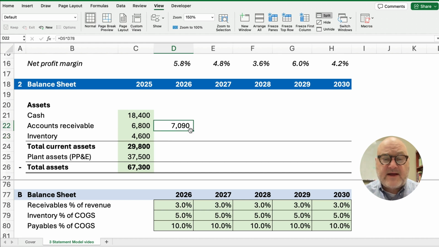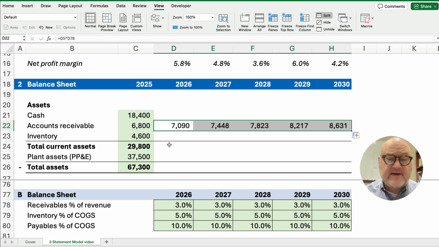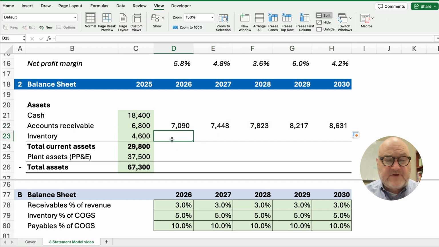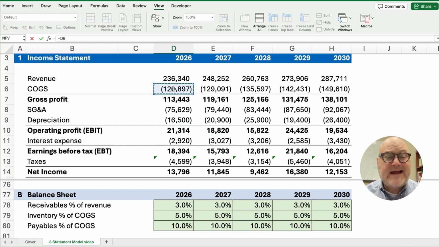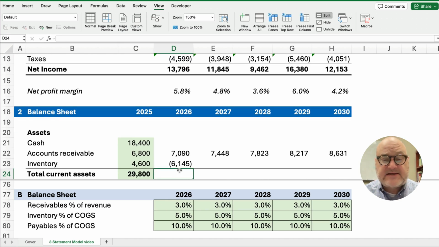Now, we can copy this certainly all the way across, or we could wait and do several things together. Inventory is going to be a percent of cost of goods sold. So inventory, we're going to take cost of goods sold. Now, it has a negative, so we don't want it to be a negative. We'll adjust that in just a minute, times 5%. There's nothing magic about 5%.